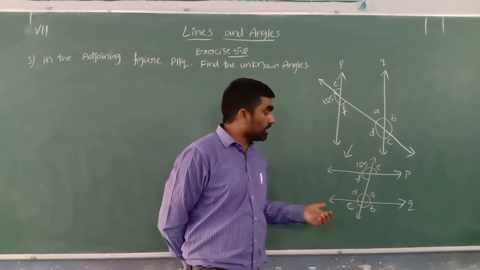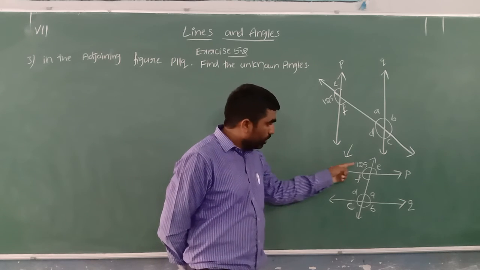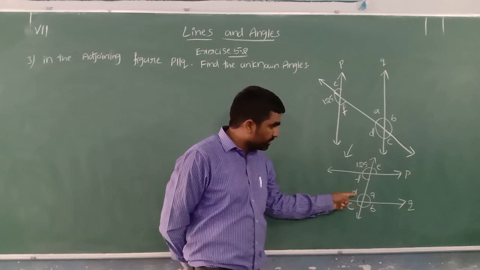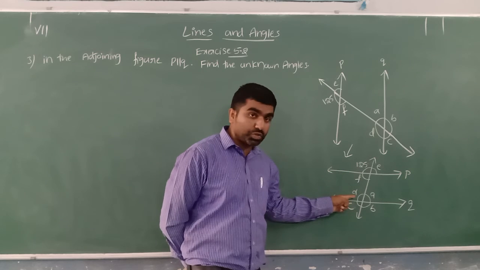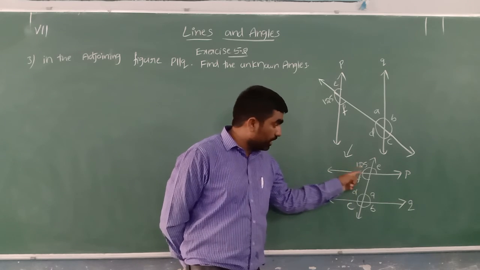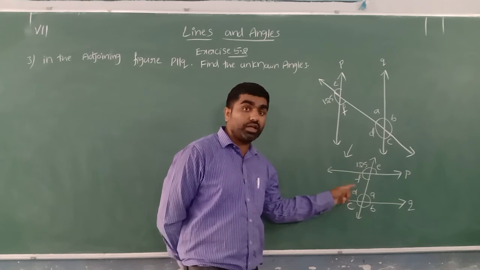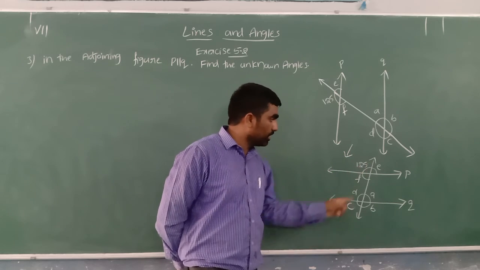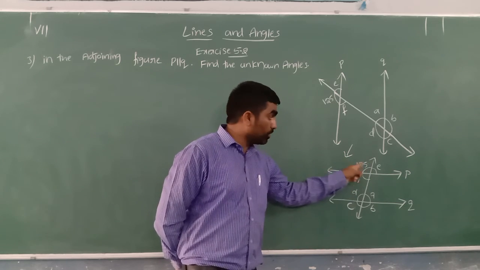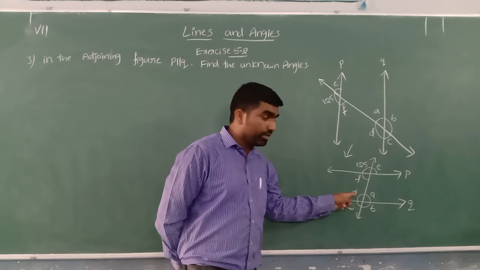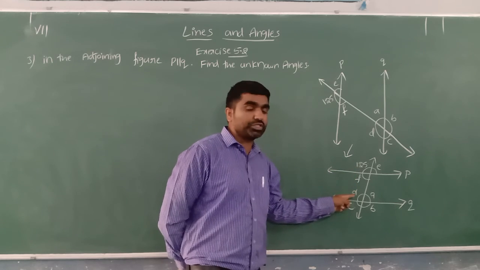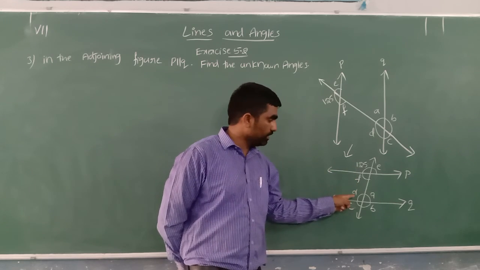Now we will see the relation between the angle 125 degrees and D. Can you see what the relation is between these two angles? Are they alternate? No, alternate angles must be on different sides of the transversal, but both are on the same side. What do we call these angles? Both angles are called corresponding angles.